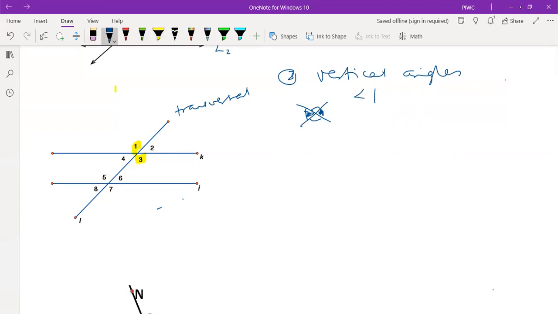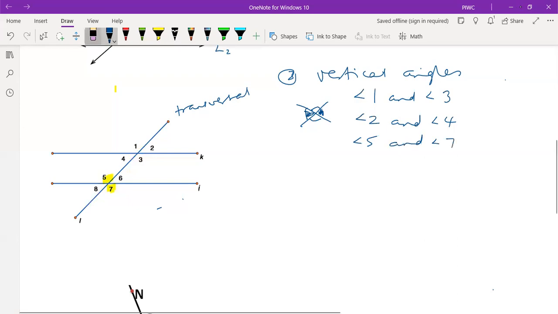Angle 1 and angle 3. Also, angle 2 and angle 4, they're vertical angles. When we come to the other side, line l, we can have the same thing. Angle 5 and angle 7, opposites or vertical angles. Angle 6 and angle 8, vertical angles.